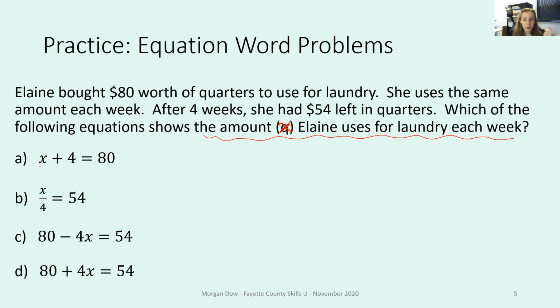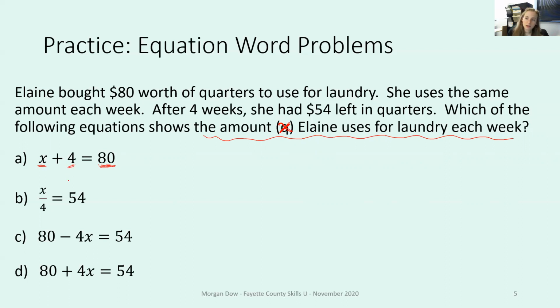So the amount she uses for laundry each week plus 4 weeks equals 80. That doesn't quite make sense to me, right? The 80 is the total amount of quarters she started with. X is a smaller amount of weekly money that she uses, and then you're adding 4 weeks to that.